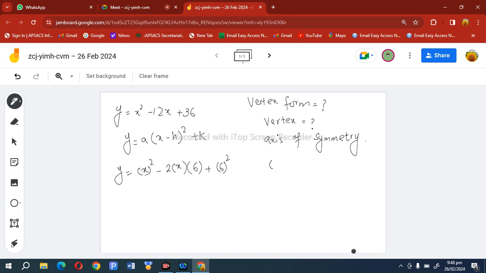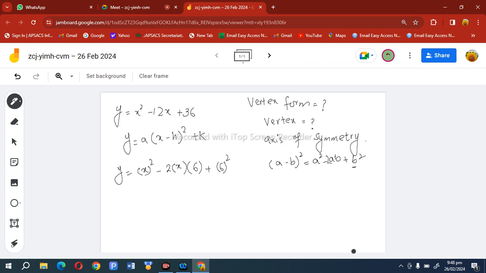What is the formula for completing the square? It's a negative sign, so we use the formula (a minus b) whole squared, which is a squared minus 2ab plus b squared. I need to make 12x, so 2a is 2x, so b should be 6. To complete the formula I need to add b squared, which is 6 squared.